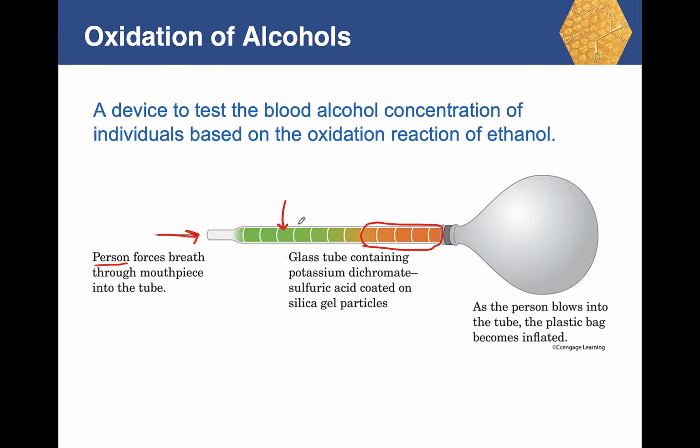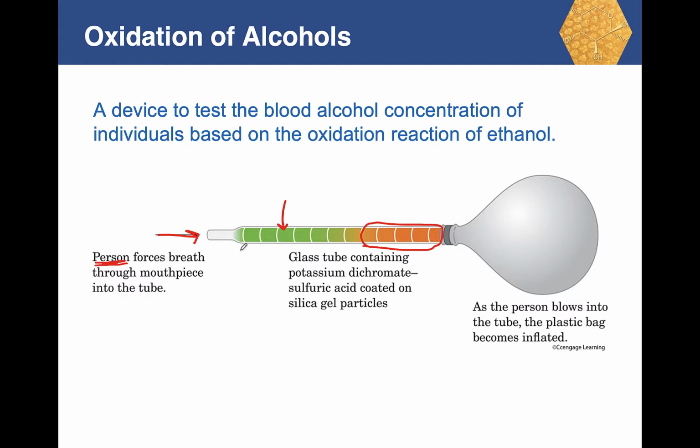So this is strong indication that this individual had an alcohol concentration in their breath that was pretty high. So that's what's used in the test for individuals driving on the road.